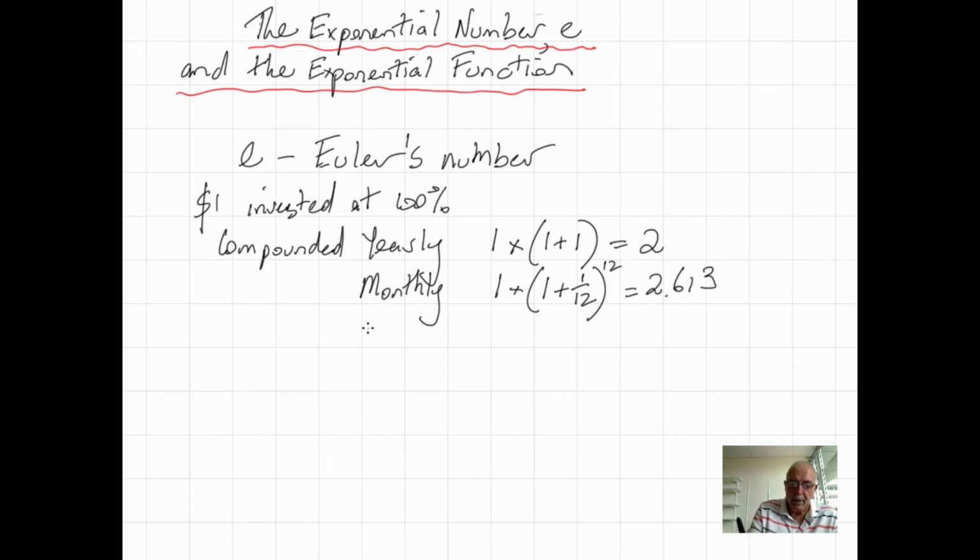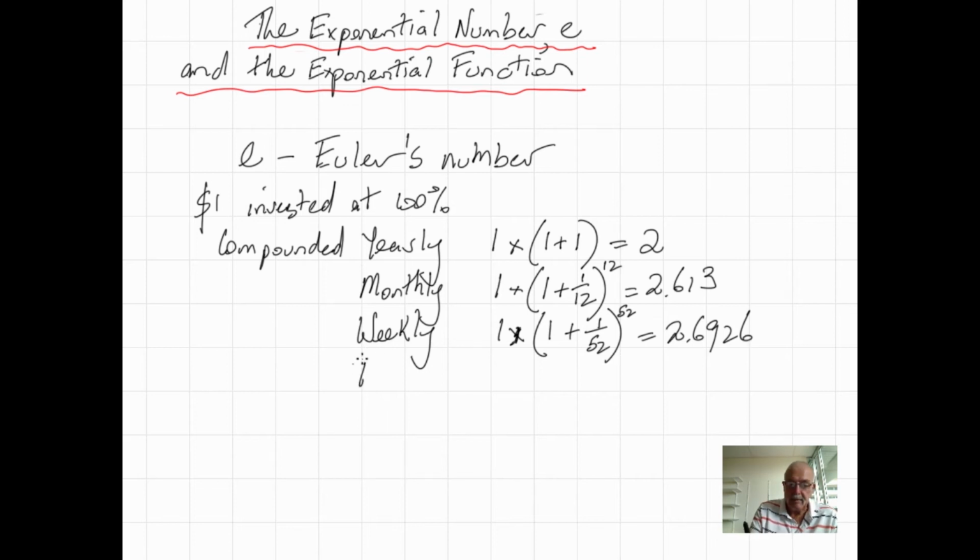If it was compounded weekly, 1 times 1 plus 1 over 52, raised to the power of 52, and you get 2.6926.